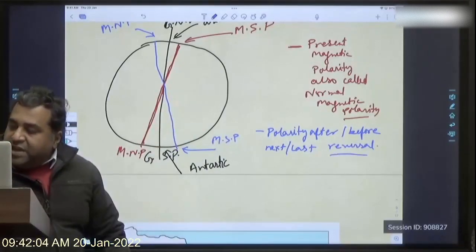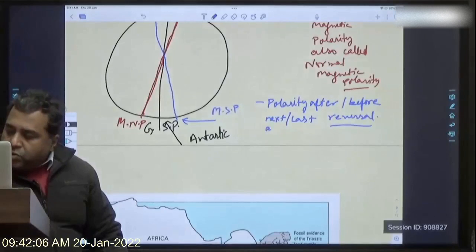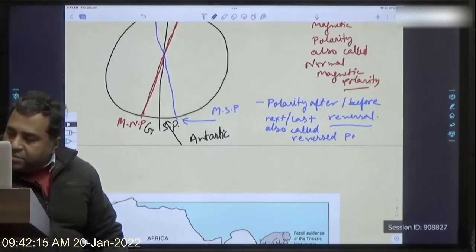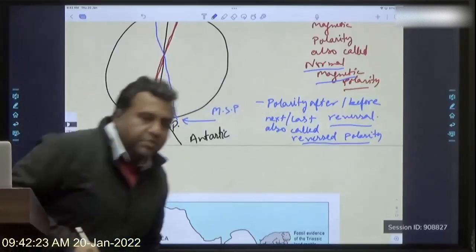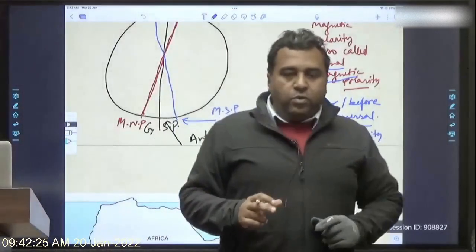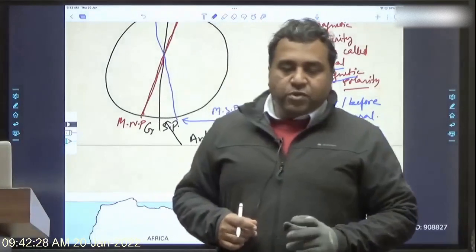So, reversal, and hence also called reversed polarity. So normal polarity and reverse polarity. I hope we understand this. This one, the red one, is normal, and this one is reverse. Do we have to draw this too?